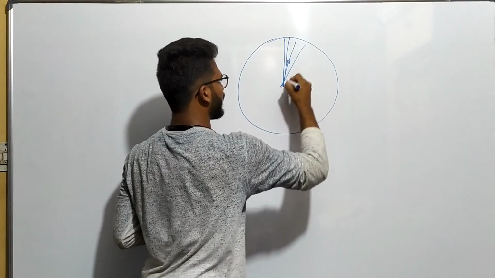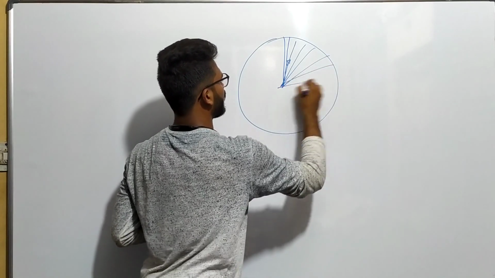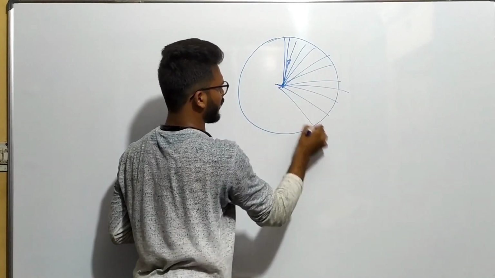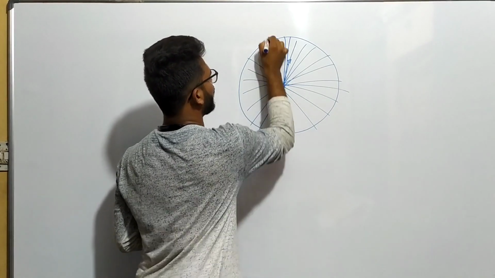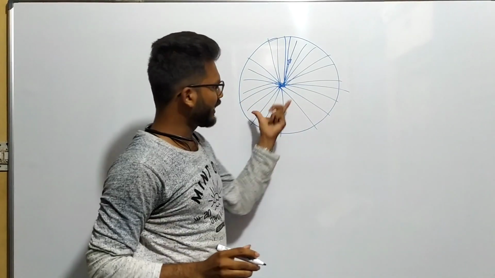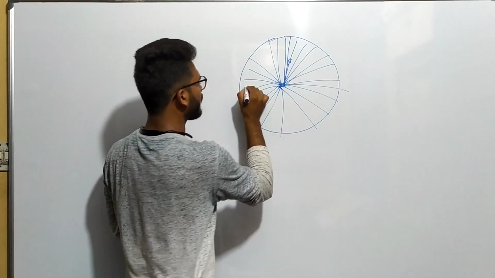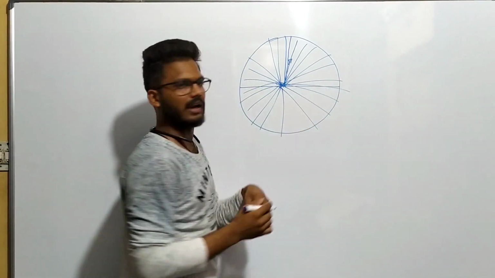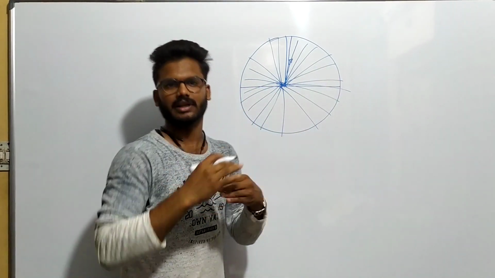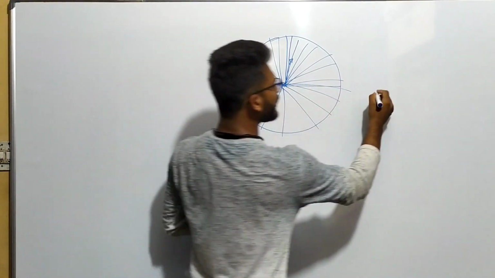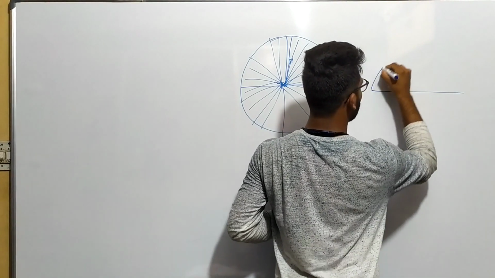I am dividing the circle into very small sectors of equal length. Okay, here it is not clear. Take it as equal length, and this is a half circle, right? So after cutting it into different sectors, I am taking the half part.